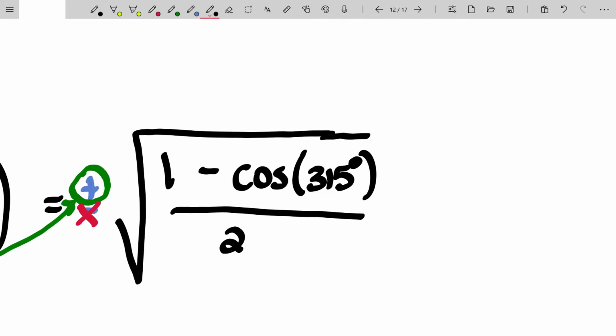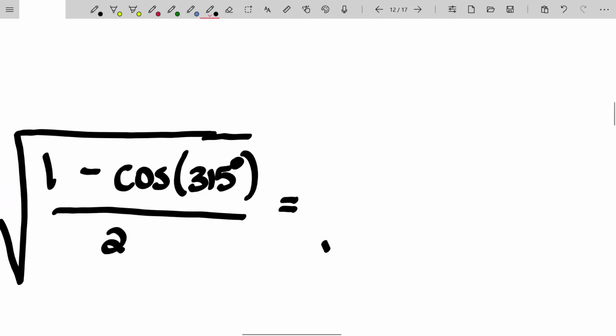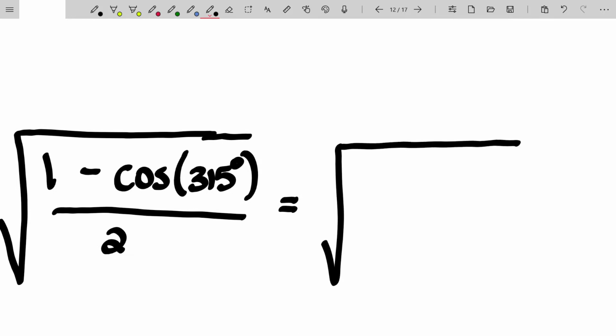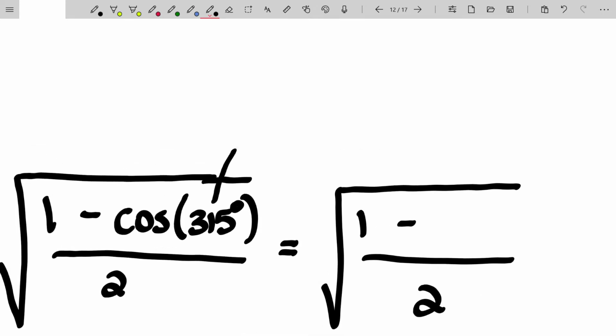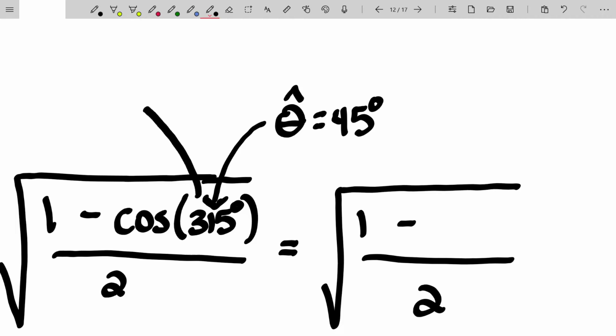I'll go ahead and just say this is equal to the positive square root of 1 minus something over 2. The reference angle for 315 degrees is 45 degrees. And by the way, 315 degrees is in quadrant 4. So I have the cosine in quadrant 4 with a reference angle of 45 degrees.